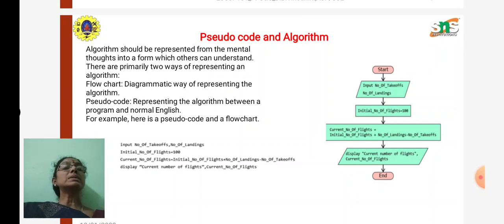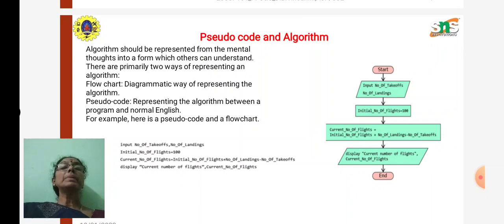Then the main process here: the current number of flights is equal to the initial number of flights plus number of landings minus number of takeoffs. Based upon that, the result is stored in the current number of flights. That result is displayed in the output. At the end we stop the program. So this is the way we represent the problem in the flowchart.